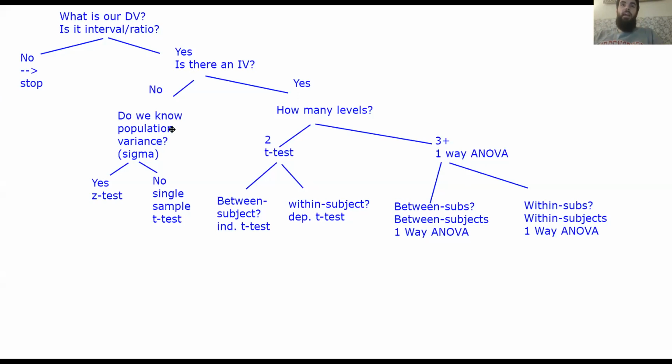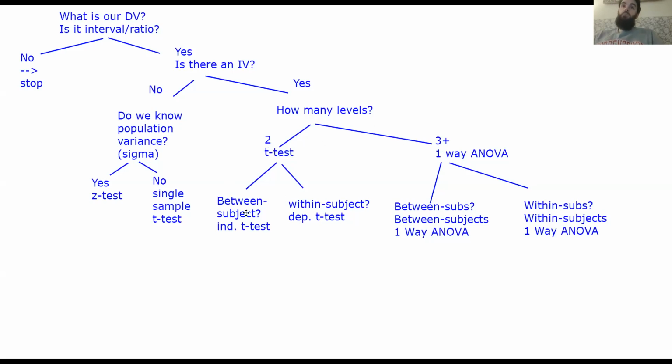Is there a set IV? Either no or yes. Most of the time, there is. In most studies, in most experiments, there's a very firm IV. In which case, then the question is, does it have 2 levels or 3 levels?